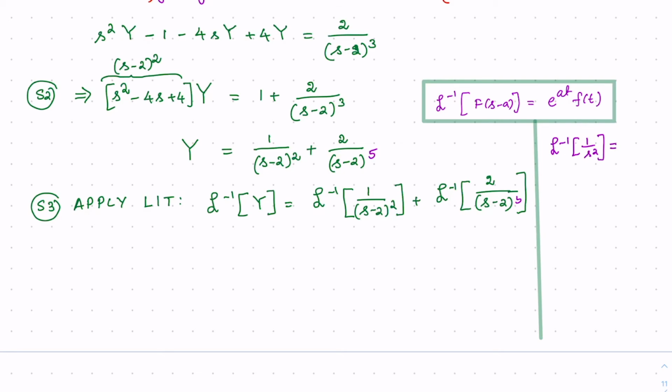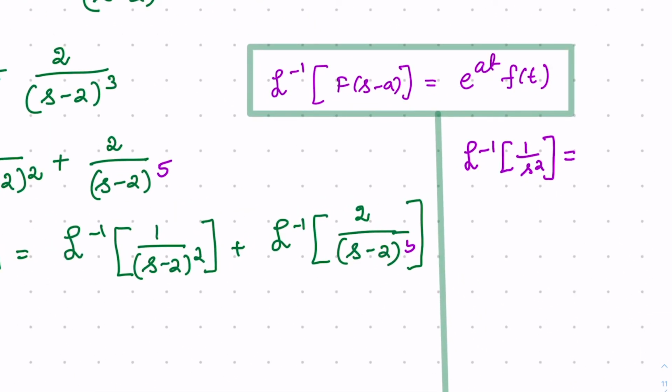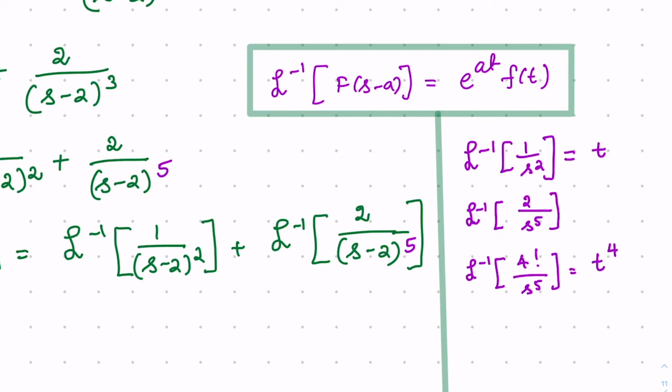The answer, you all know, is simply t. And here I have 5. What would be the Laplace inverse of 2 over s to the 5? There is no direct Laplace inverse, but we know that the Laplace inverse of 4 factorial over s to the 5 would be t to the 4.